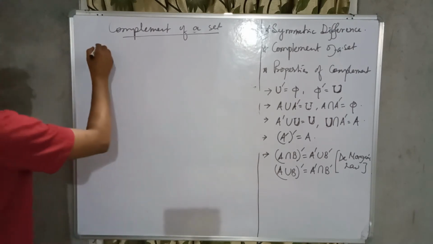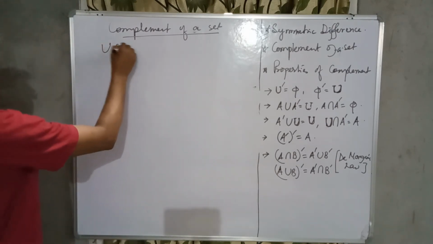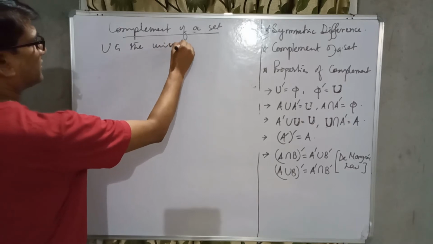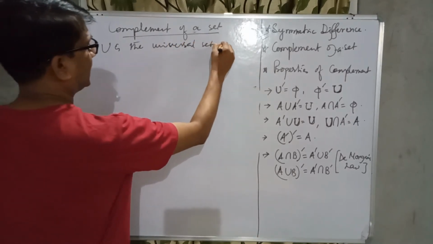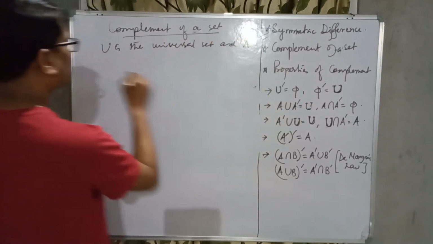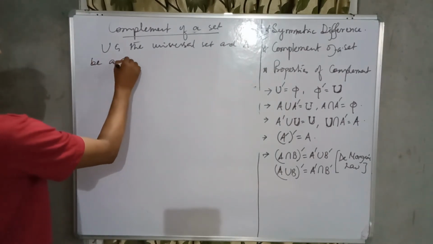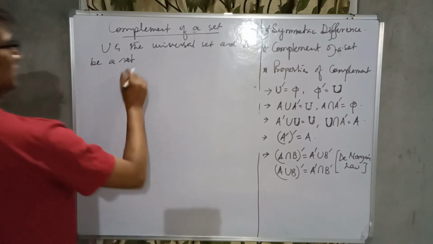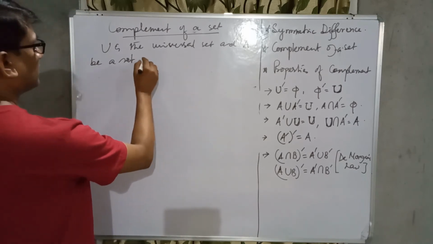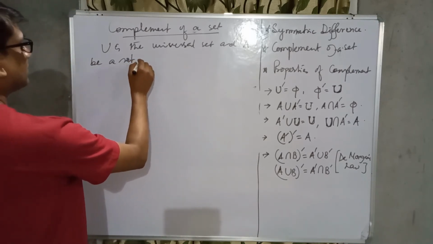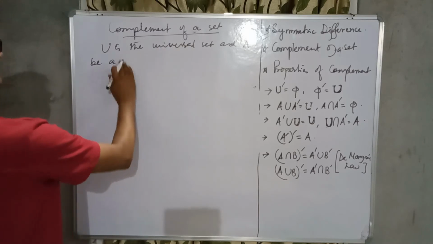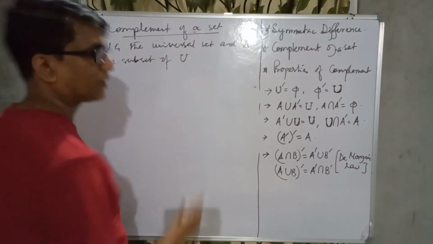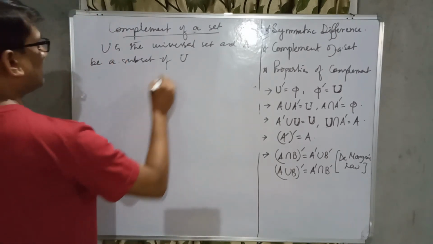Suppose U is the universal set, and A is a subset of U.